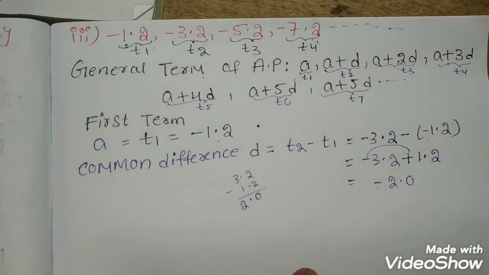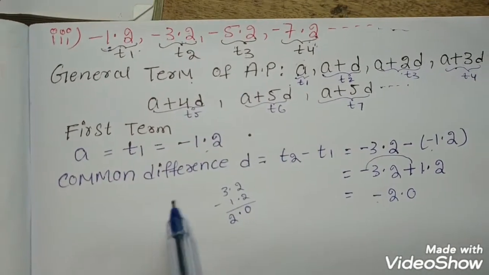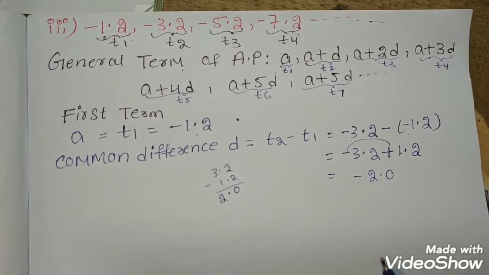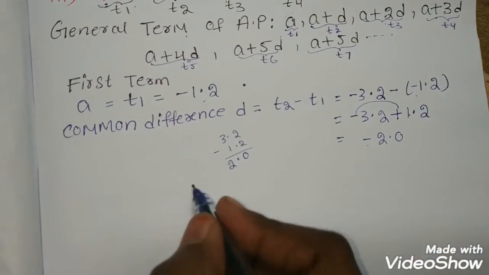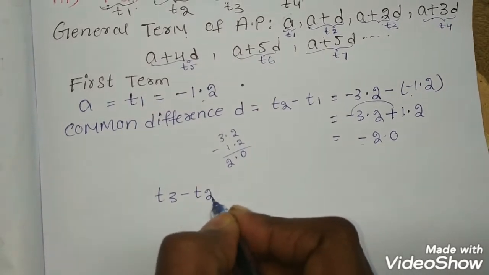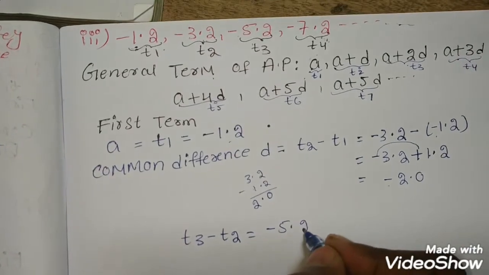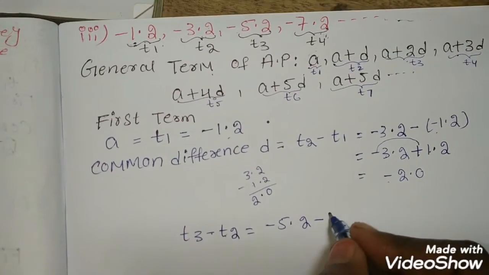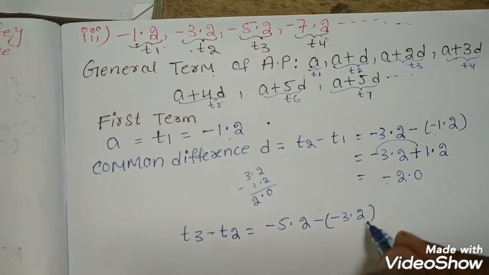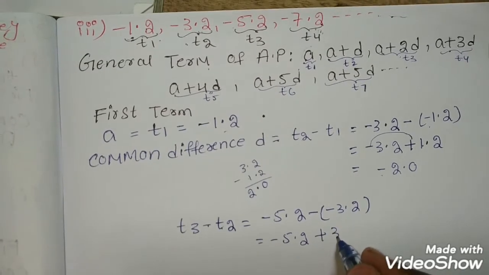We need to check the common difference like T3 minus T2, T4 minus T3, because we need to know whether this is an arithmetic progression or not. So for that sake we have to check T3 minus T2. What is T3? Minus 5/2. Minus what is T2? Minus 3/2. So minus 5/2 minus into minus gives plus 3/2.